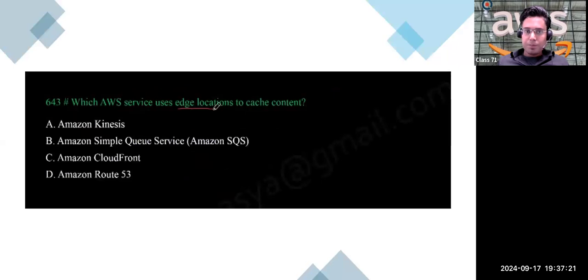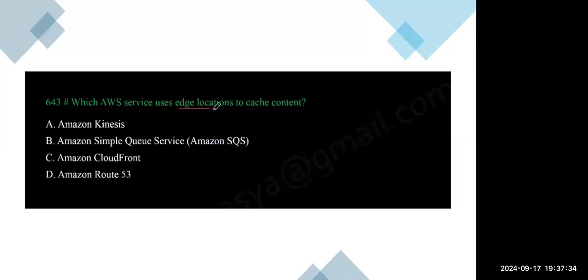Now, which AWS service uses edge locations to cache content?